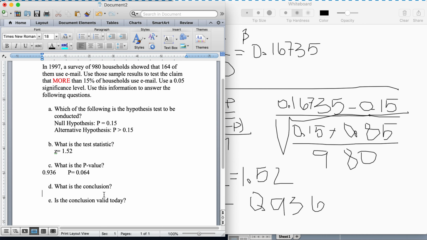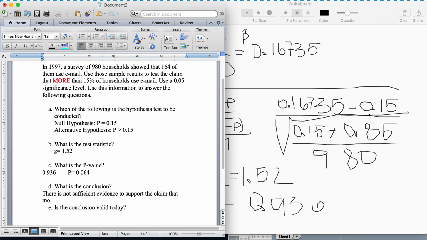So now for the conclusion part, what is the conclusion? So it's there is not sufficient evidence to support the claim that more than 15% of households use email.